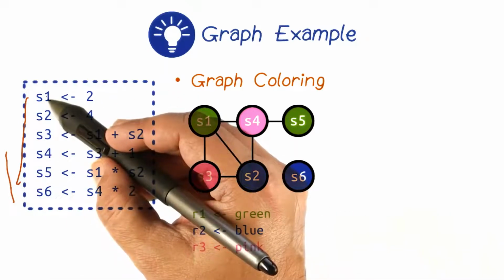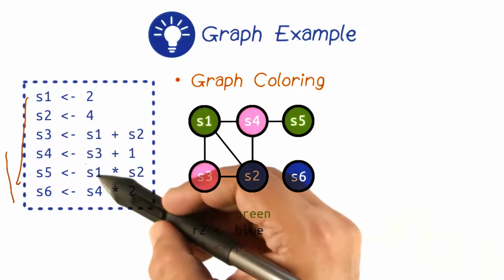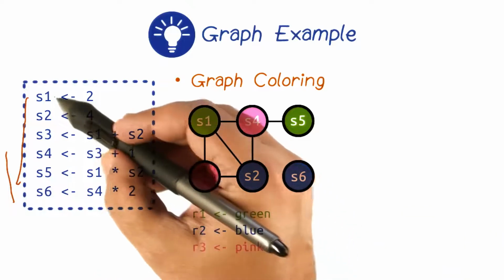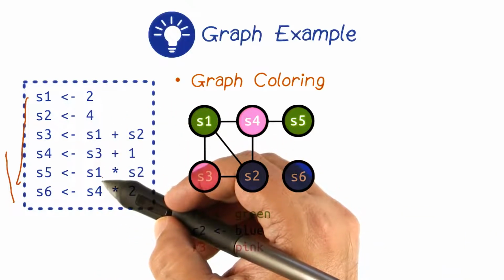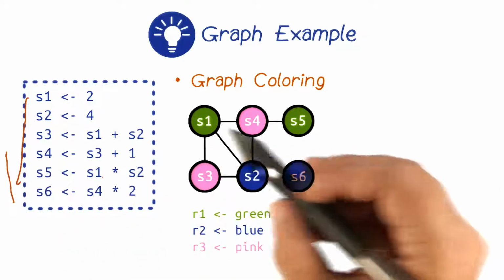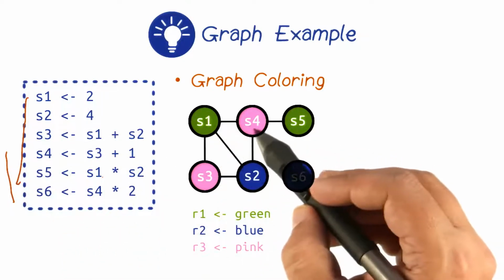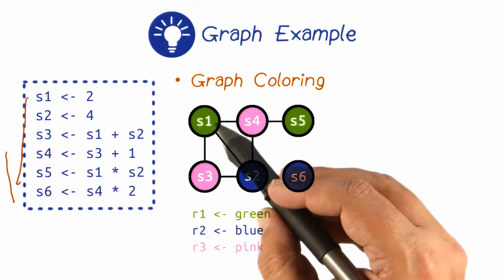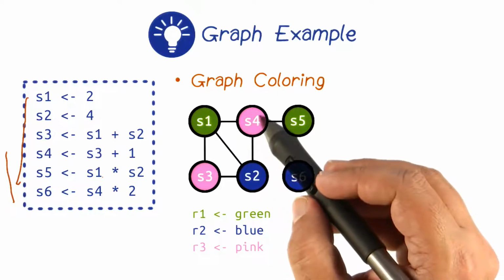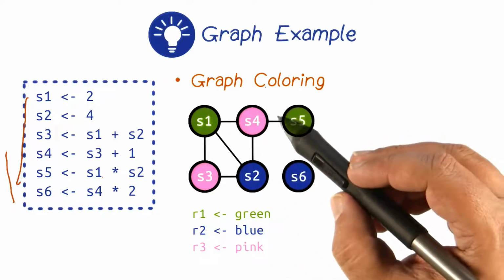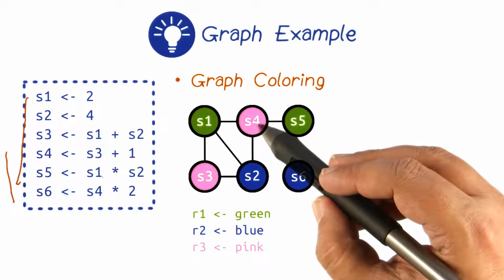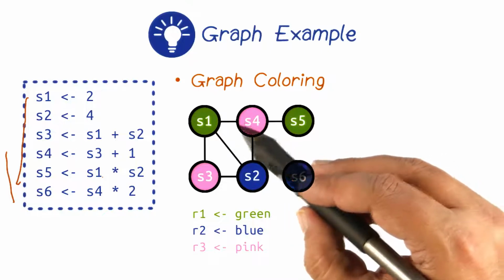And if we give a value in a register to S1, which is going to carry it from here to here, we cannot load that with S4 because it will destroy that original value and we'll no longer be able to use it over here. So that is the concept of overlapping live ranges, which is shown here by this particular graph as well. In other words, if there is an edge between 2 nodes of a graph, they cannot share a register. So we try to give a register, and we make sure that we give a different color register or a different register to those nodes which share an edge.